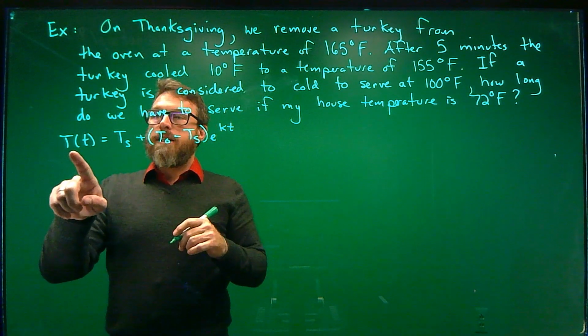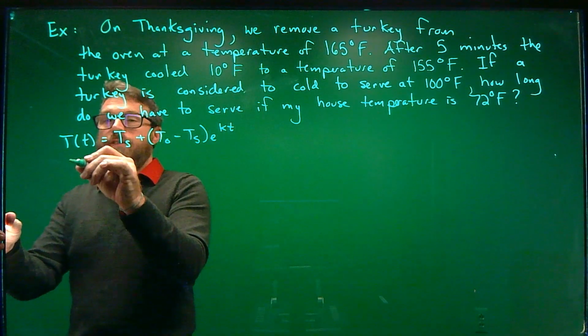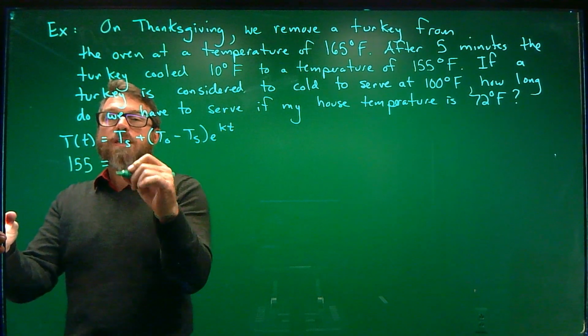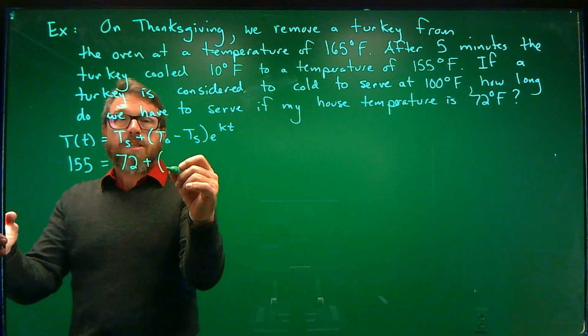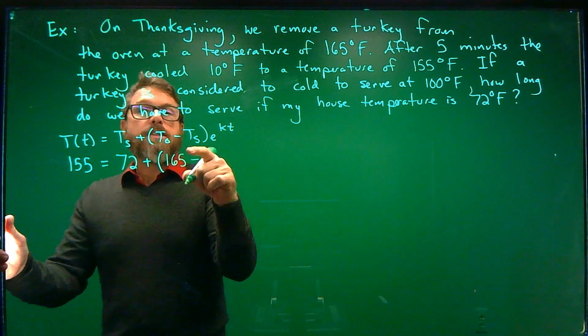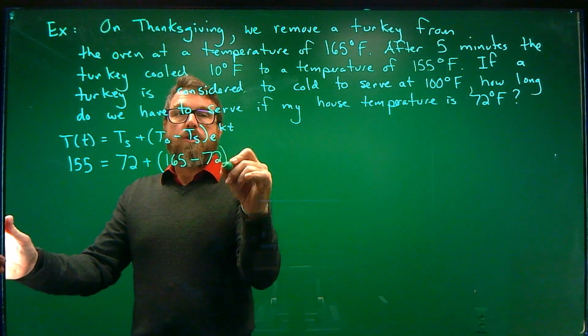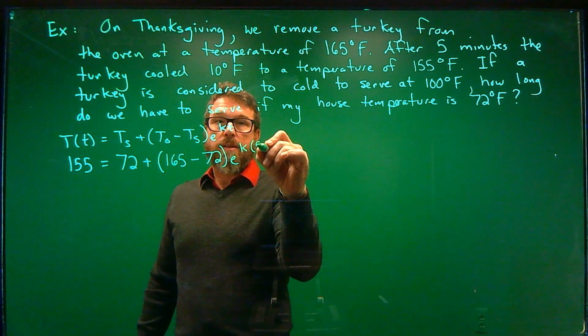What I know is that the temperature after 5 minutes is going to be 155. So 155 is going to be equal to the temperature of my room, which is 72, plus the initial temperature of the turkey, which was 165, minus the temperature of the room, 72, e to the k times how long we waited, which was 5 minutes.